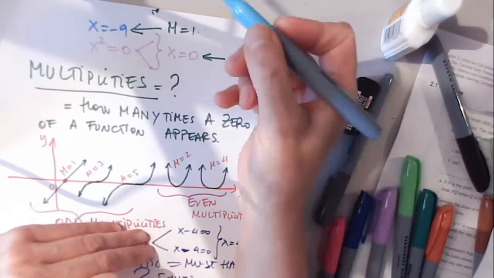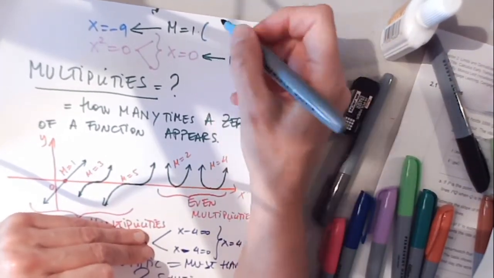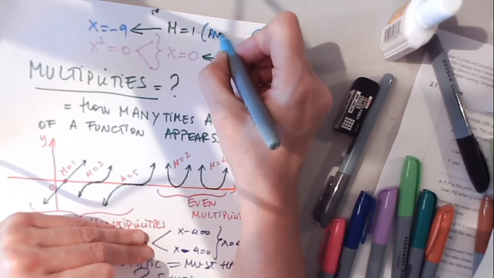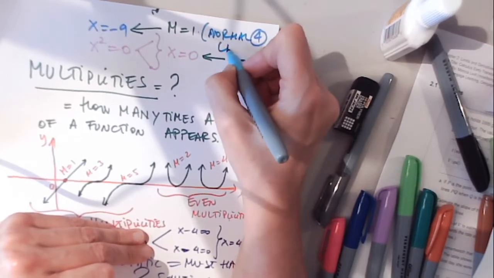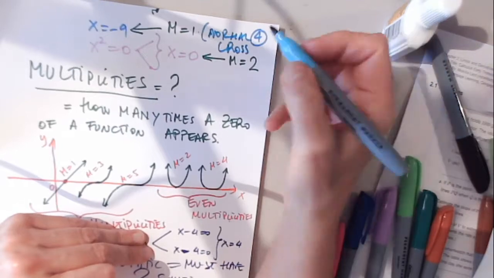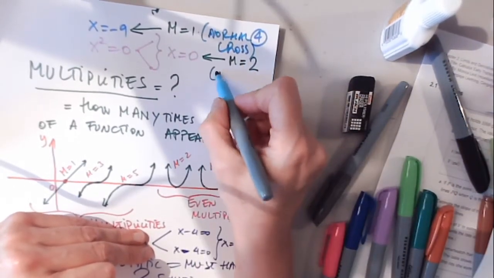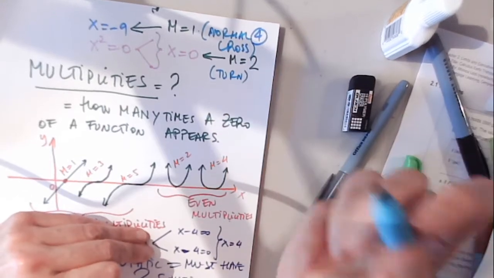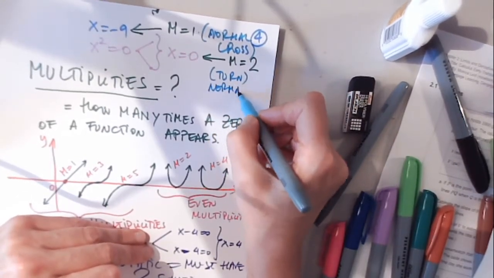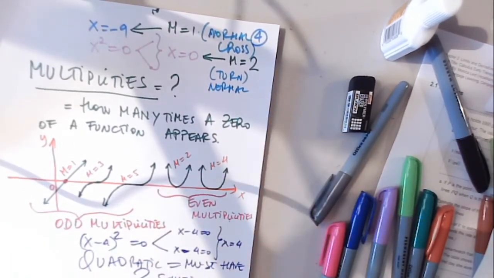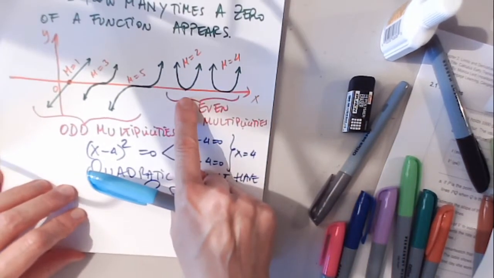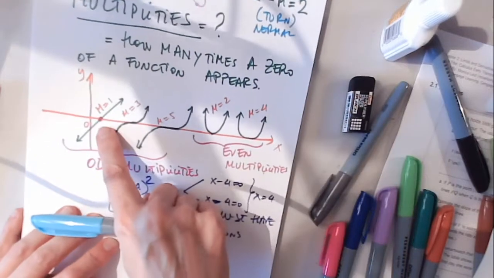You can write, I would love to see that, normal cross on the x-axis. It's a normal cross. And this is a turn, a normal turn if you want. It's not a slow turn. It's a normal turn, it's this one. And this is a normal cross, which is this one.